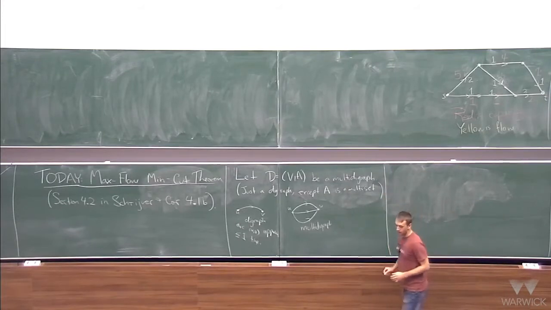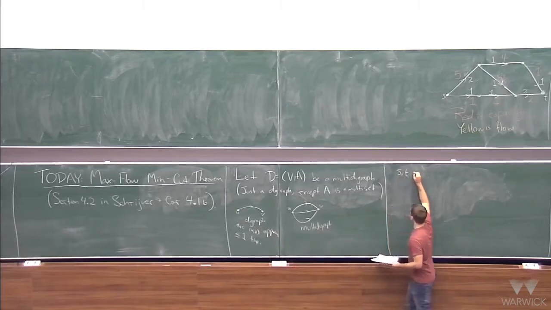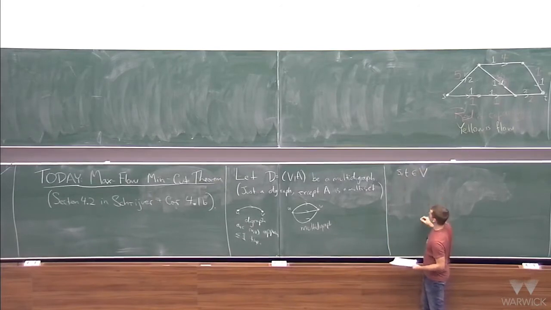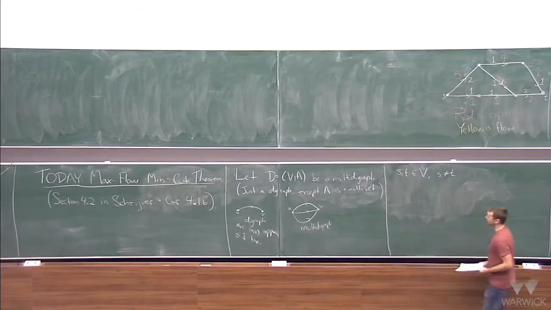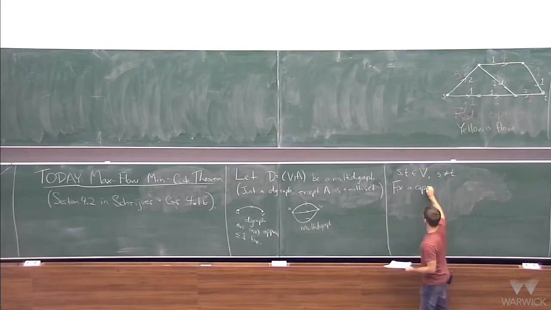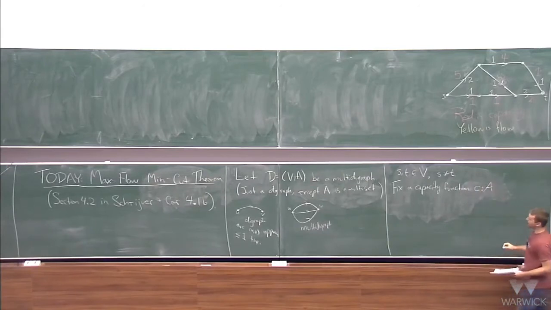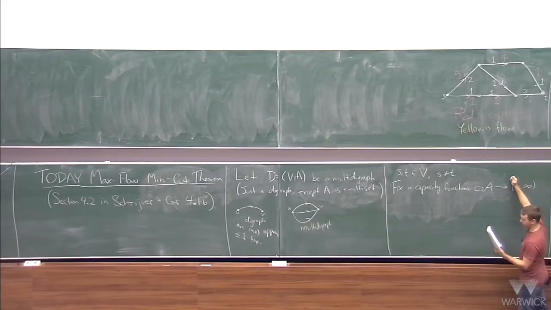So D is a digraph, and now we have a capacity. Throughout this lecture, S and T are just going to be vertices of the digraph, S not equal to T, and we're going to fix a capacity function C, which maps each arc to a positive real number. Actually, maybe I'll make it strictly positive real numbers.